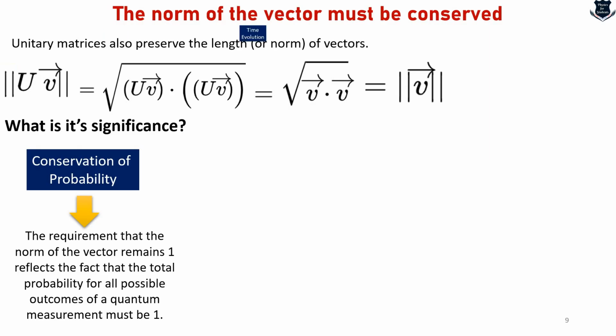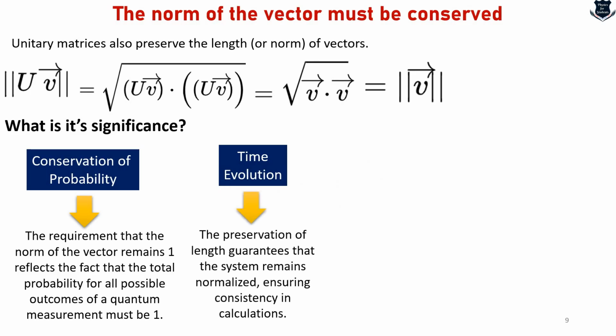The second is the time evolution factor. This is extremely important because as the quantum system evolves with time, the preservation of the norm means that the stability and consistency of the quantum system is ensured. Also remember that this underpins the deterministic nature of quantum mechanics at the level of wave function evolution.